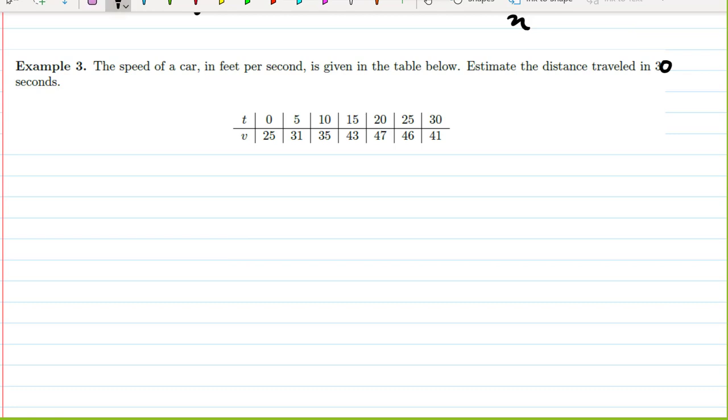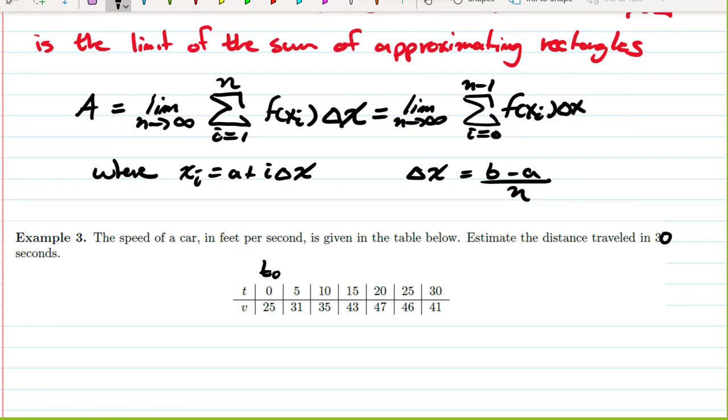But based on that, if we want to estimate our distance traveled when we know velocities, we can use approximating rectangles. So if we do that, this would be t0, t1, t2, t3, t4, t5, and t6.